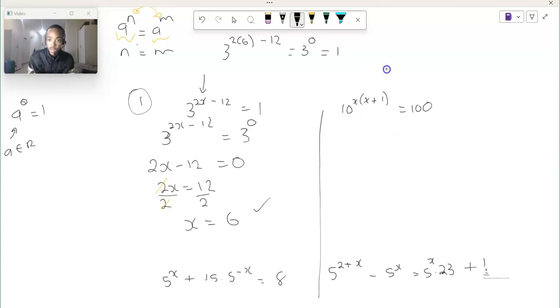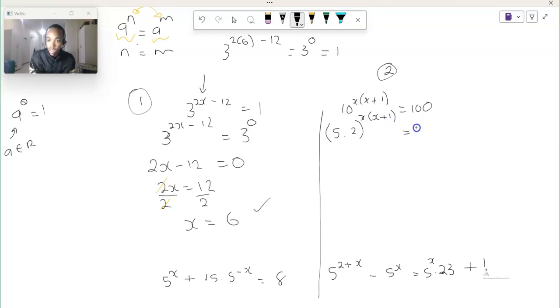Then if you look at number 2, remember that we want the bases to be the same. You can change this on your calculator. 5 is the same as 5 times 2, and 5 times 2 is 10, so the base is 10 with exponent x plus 1.